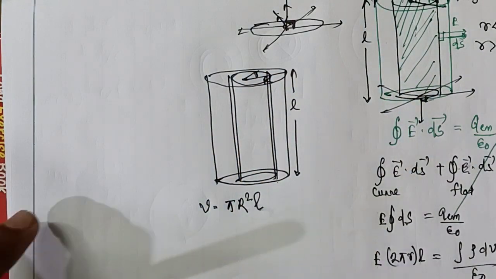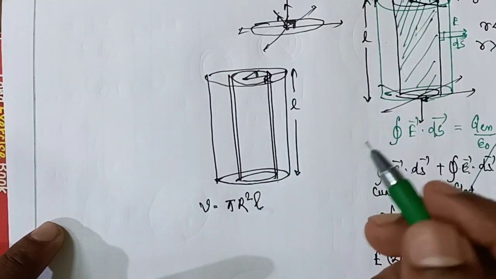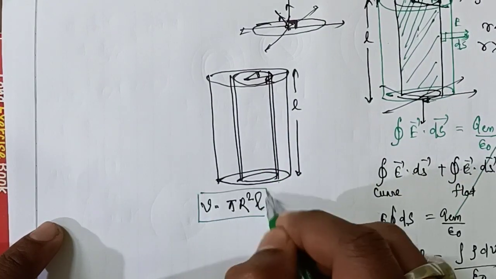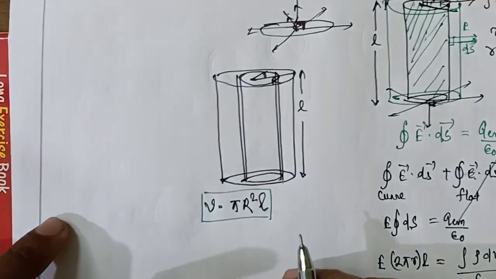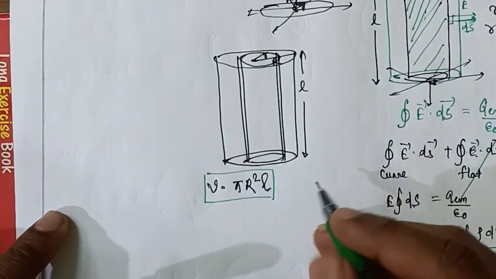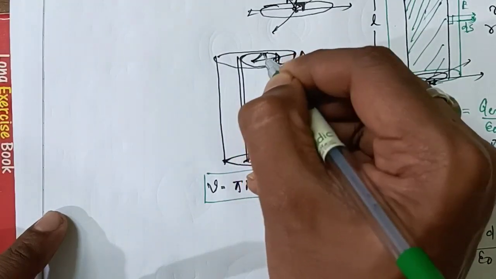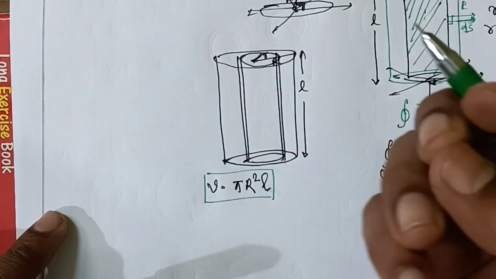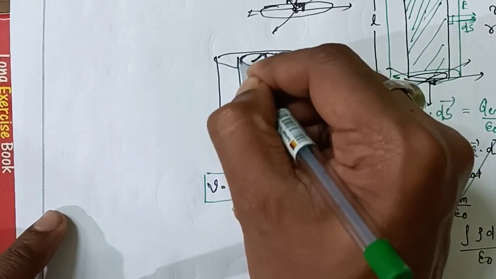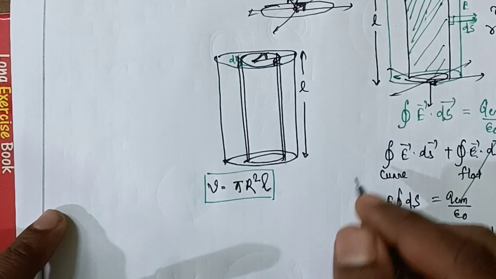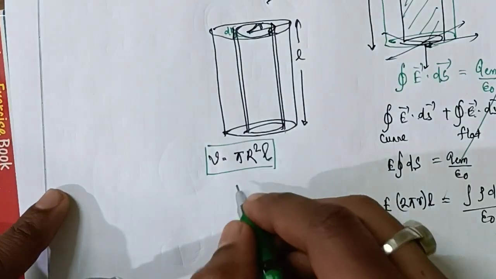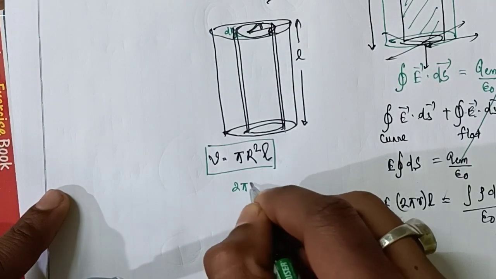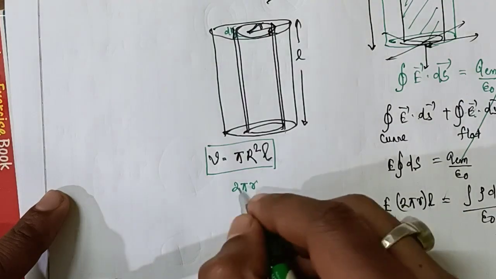When someone is solving this volume, they have to think that this solid cylinder is a combination of hollow cylinders. So I will consider an elementary hollow cylinder whose thickness is dr and whose radius is r, and simply I will integrate.